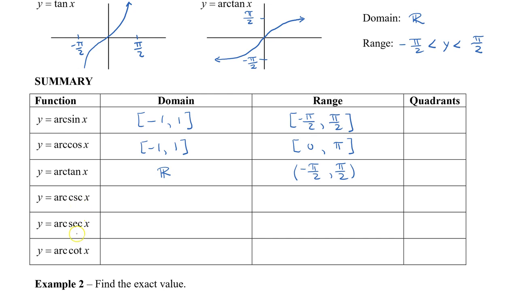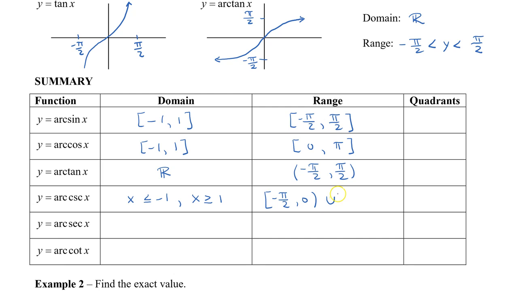Now, arc cosecant, secant, and cotangent, we don't see them as often, but we should still write down the domain to complete our set, I guess. So we have x is less than or equal to -1, x is greater than or equal to 1. I've kind of changed the notation. You can still use our bracket notation if you like. And then the range is from -pi over 2 to 0, not including 0 because there's an asymptote there.